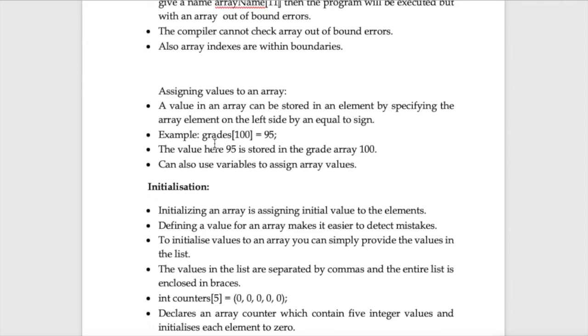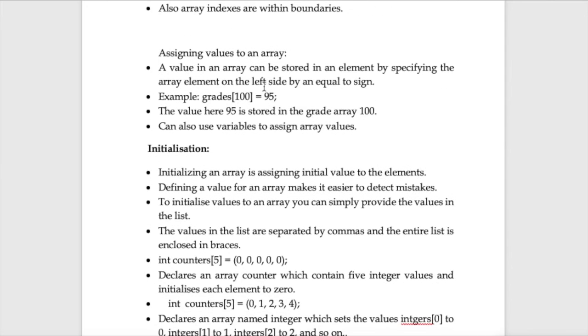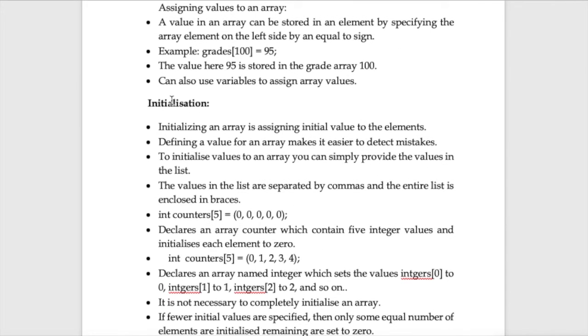If we are given some grades, for determining student marks, grade[100] equals 95. The value 95 is stored in the grade array at index 100. You can also use variables to assign array values. I will provide the code which will give you a perfect picture of what an array is.